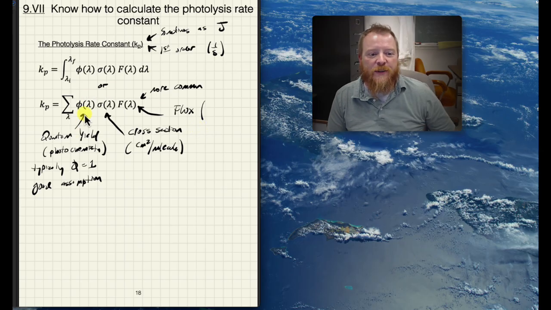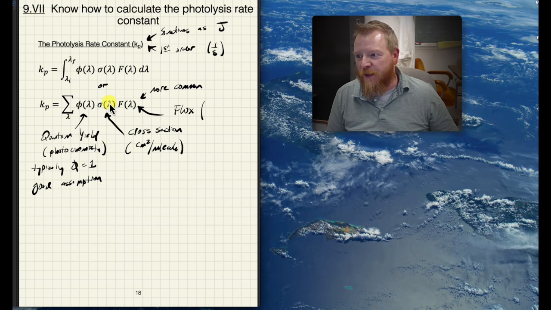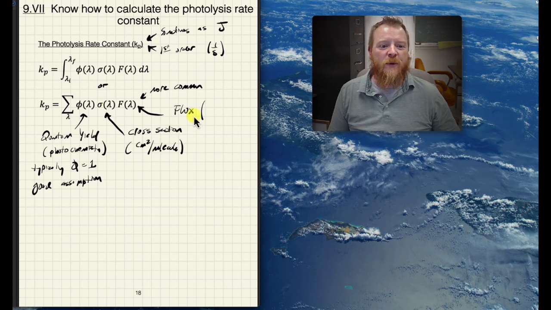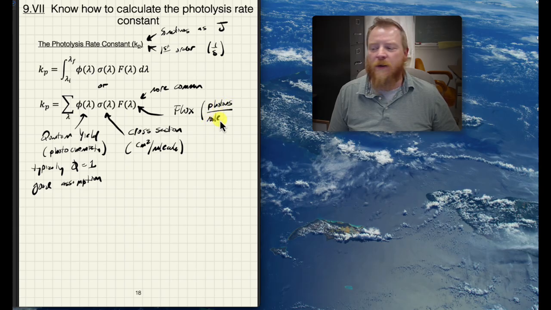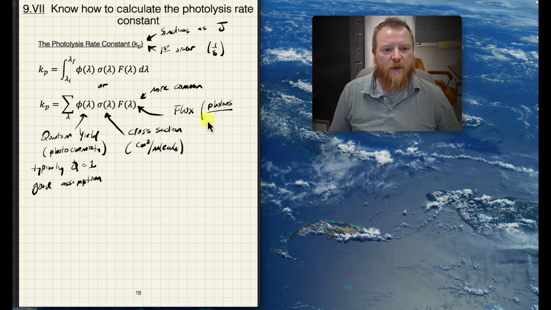So the quantum yield is going to be unitless. The cross-section is going to have units of centimeters squared per molecule. So as we might guess then, flux has to have units of photons per square centimeter per second.